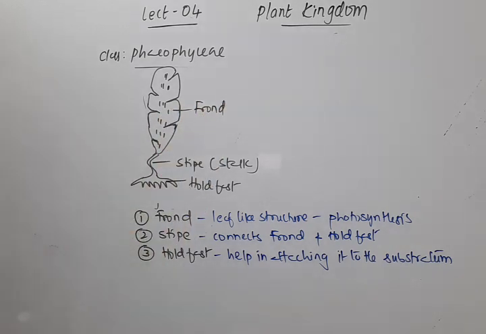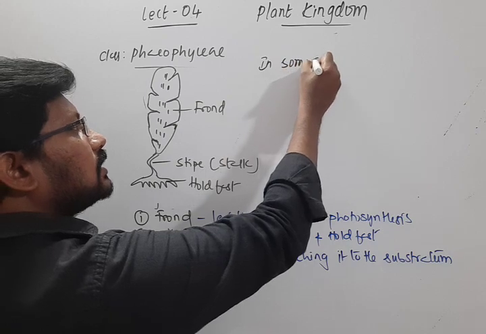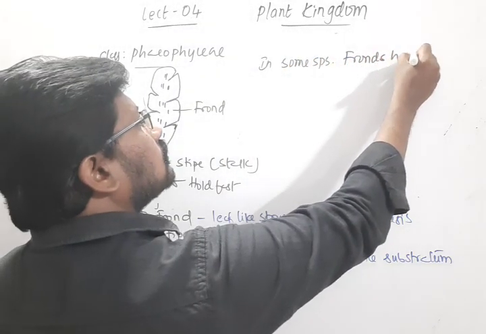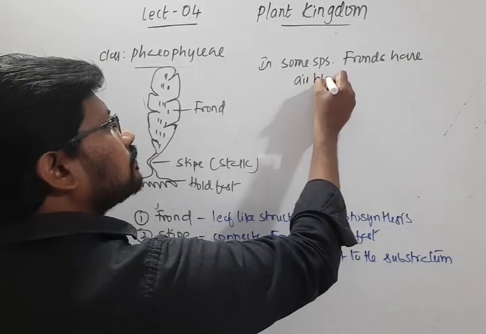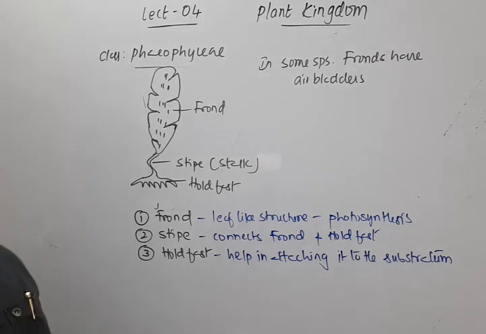In some species, fronds have air bladders. These air bladders help in giving them buoyancy, which means the ability to float.